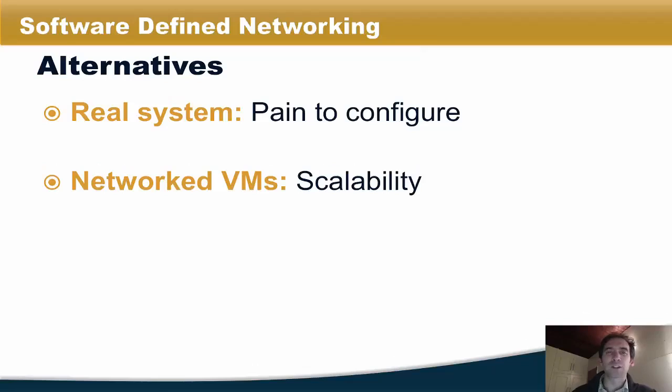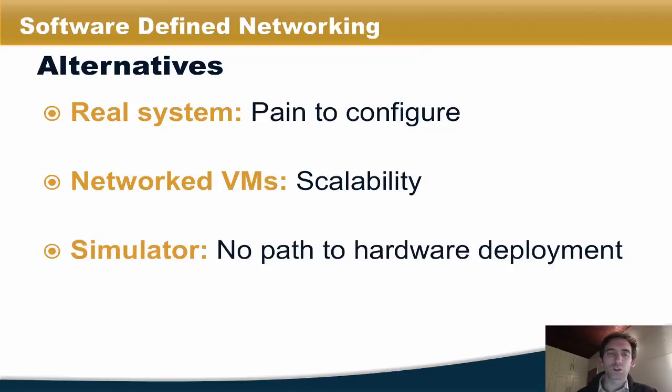So one of the advantages to Mininet that we'll see is that the OS-based virtualization that it uses is lightweight enough that it can support hundreds or potentially even thousands of hosts even on a single PC.